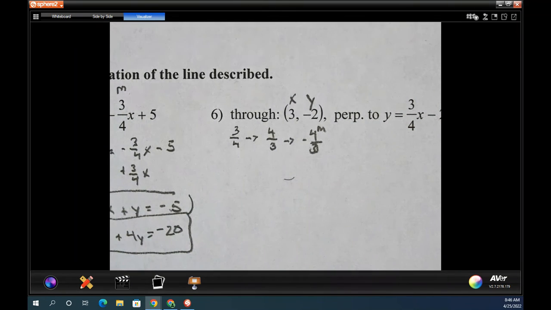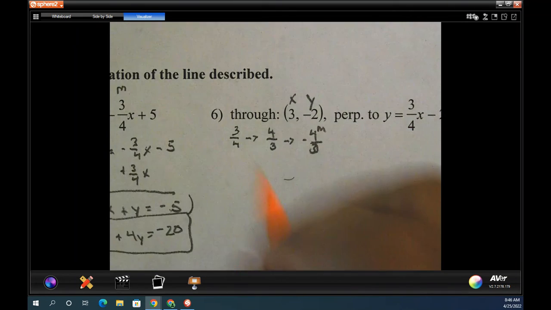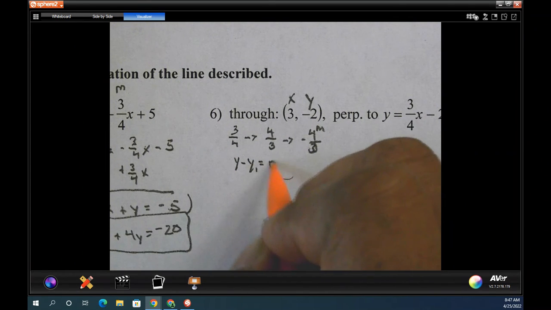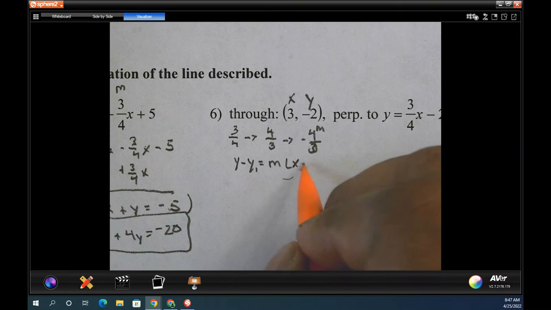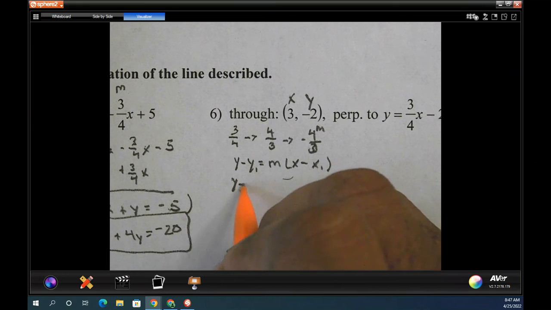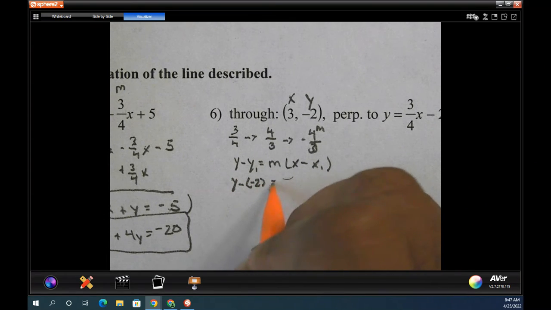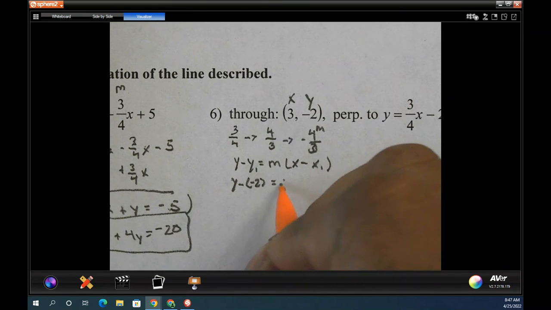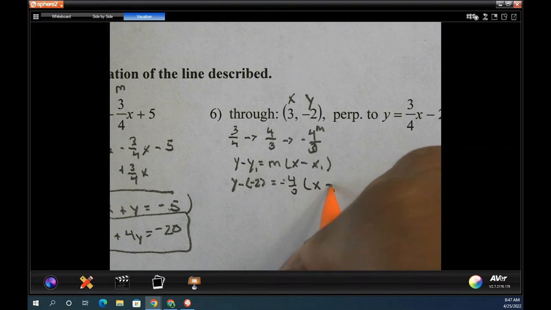All right. Let's start with this. y minus y sub 1 is equal to m times x minus x sub 1. So that's going to be y minus -2 is equal to -4/3 times x minus 3.